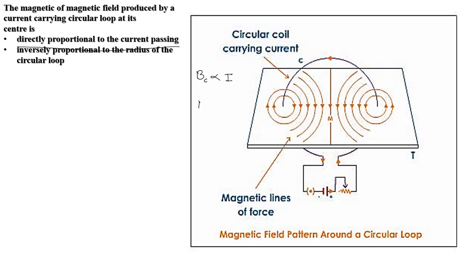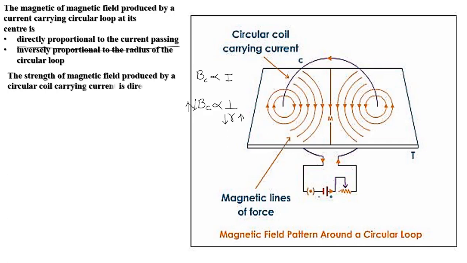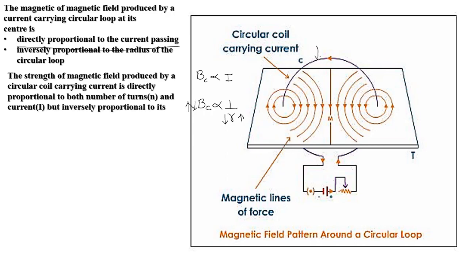Then the second thing, the magnetic field at the center of the coil is inversely proportional to the radius of the circular loop. If the radius is more, less magnetic field will be there. If the radius is less, then the magnetic field will be more. Next, you can see the number of turns in the coil.